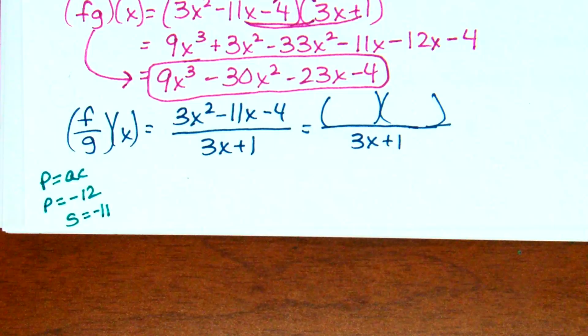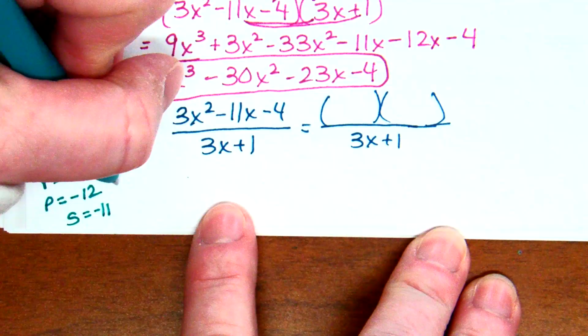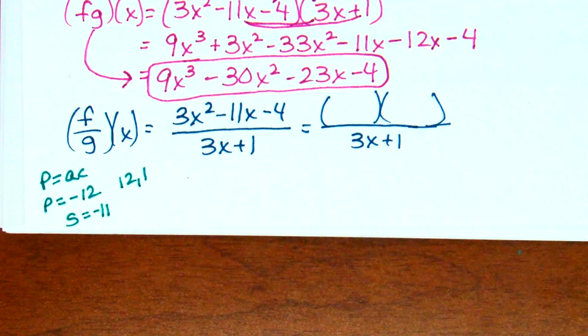Okay, negative 12 and 1? If it multiplies to be a negative, one of them is negative. If it adds to be a negative, the larger number is negative. Yes? Okay, now here's the deal. What do I do with that in product of AC? Take your middle term and split the middle term.